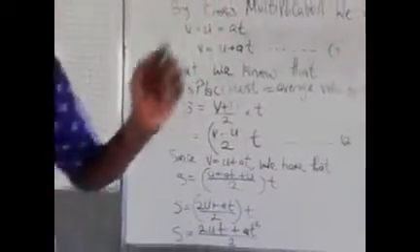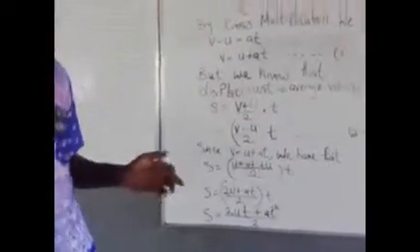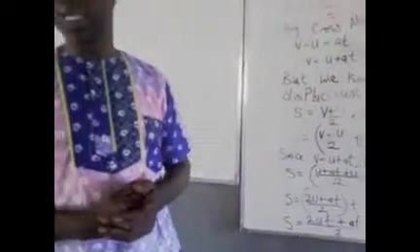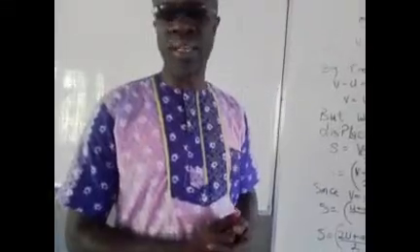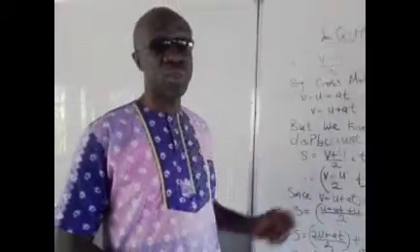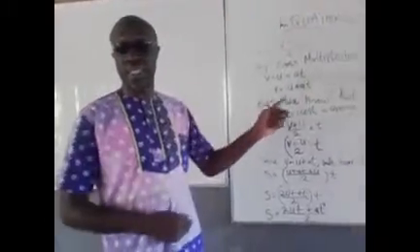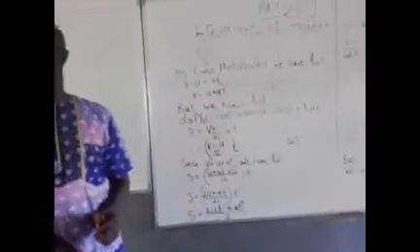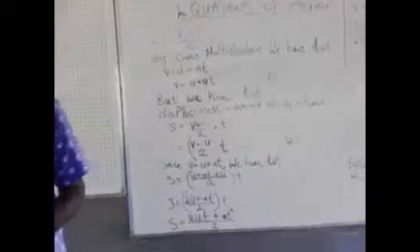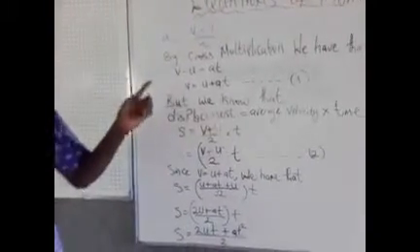Then times T, which is time. So S equal to V plus U all over 2, bracket T, meaning that displacement is the product of average velocity and time. That gives us equation 2.